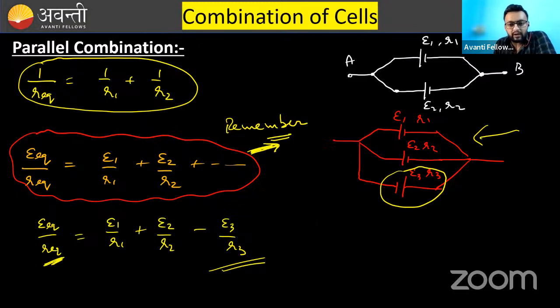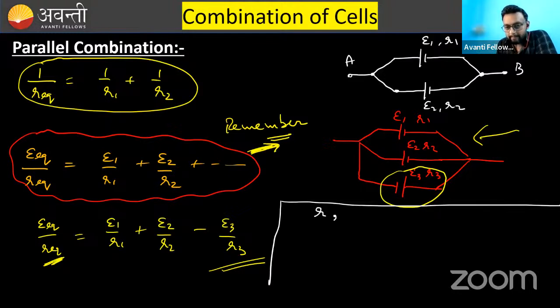Now, there is one more relation that you should remember. I hope you know the relation between small r, EMF, and terminal potential. Can everyone identify each of the terms? V is what? Terminal potential. E is what? EMF. r is what? Internal resistance. What is the relation between all these three quantities?